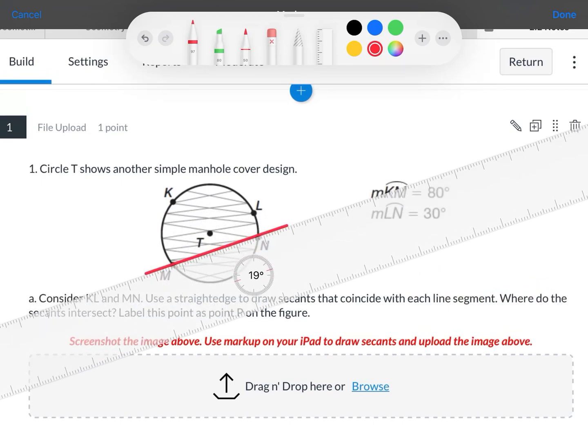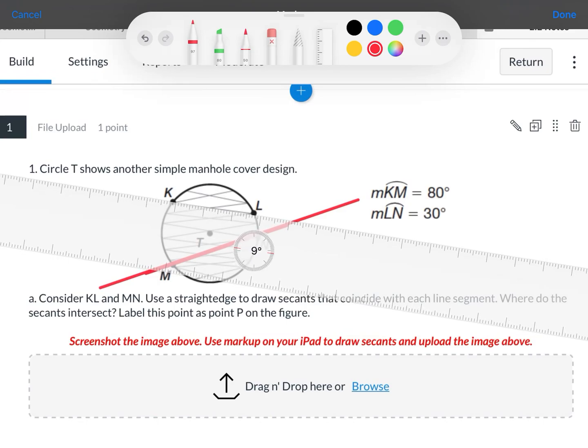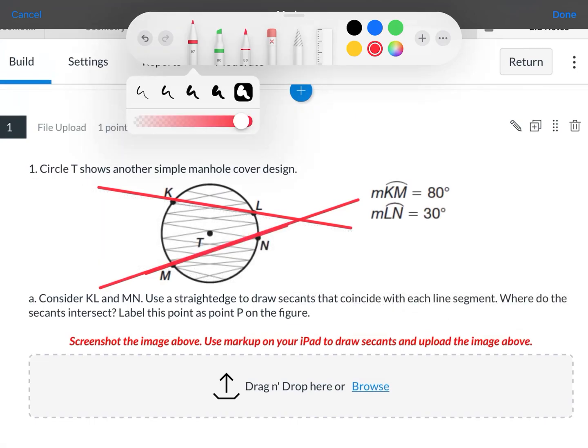Maybe I should extend it further. Make them quite long because they've got to intersect. There we go. And make sure we add arrows in the ends because secants are lines, not line segments.